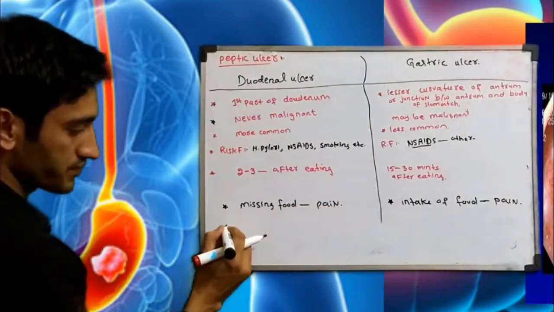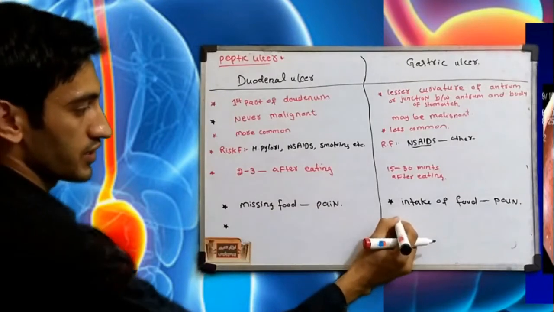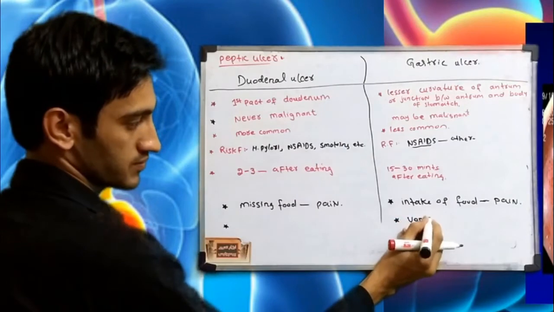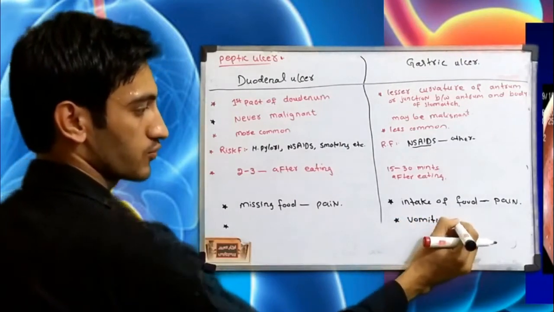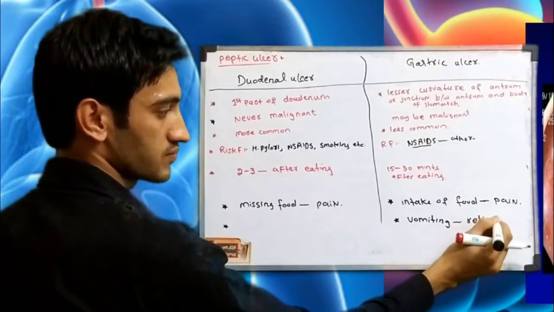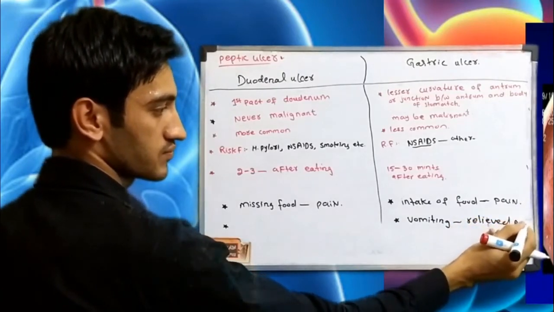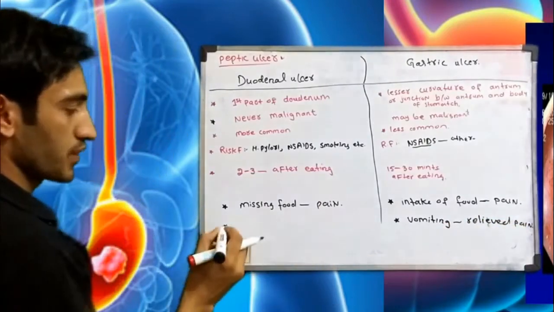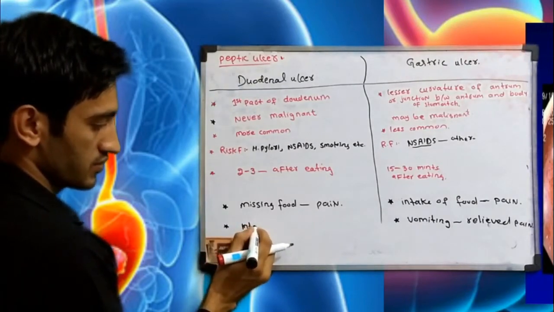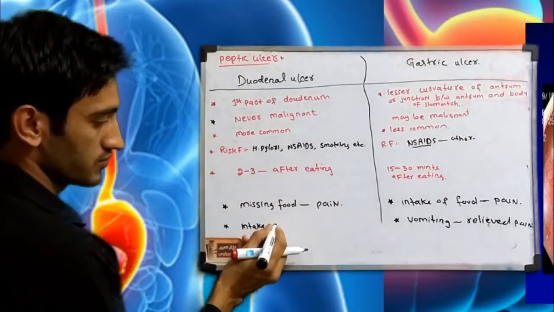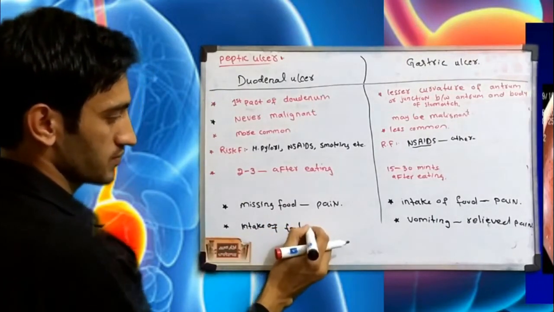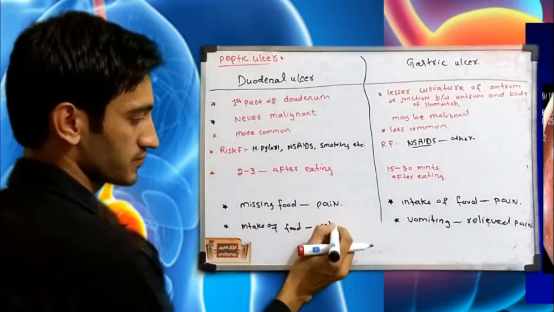Another difference, in case of gastric ulcer, vomiting will relieve the pain. But in case of duodenal ulcer, intake of food will relieve the pain.